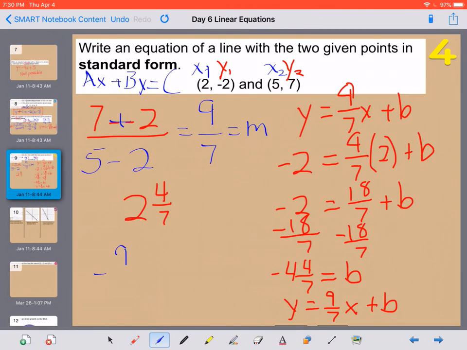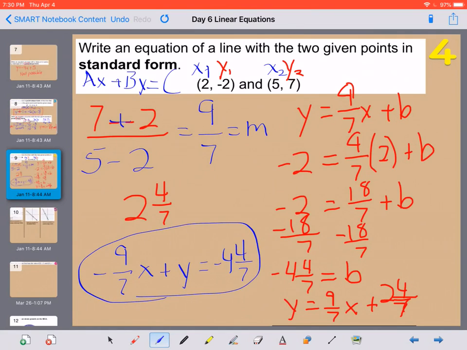So we get -9/7 x plus y equals, we forgot to add our b here, -4 and 4/7. So this is our standard form.